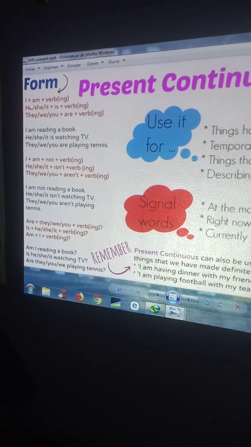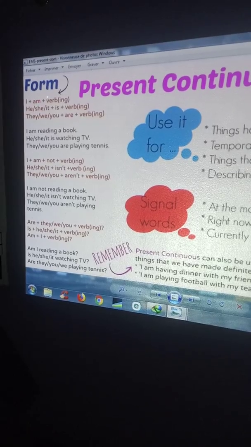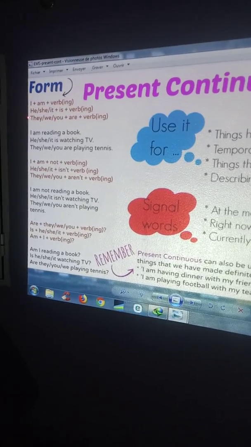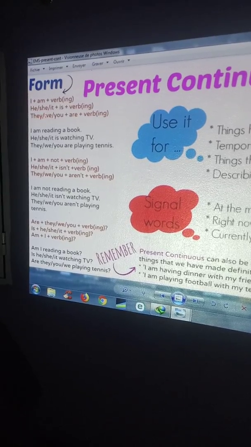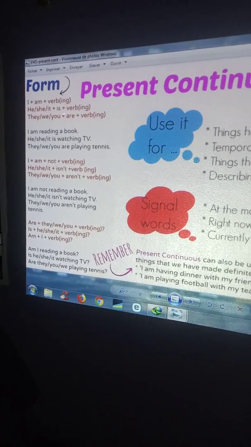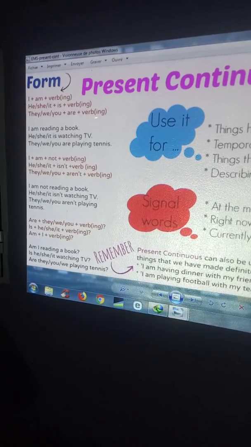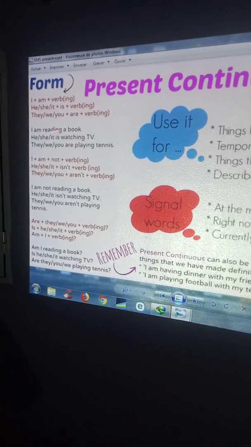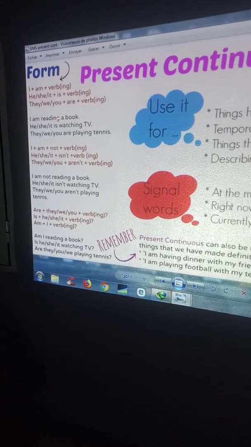And for the first personal pronoun, I plus verb to be plus verb plus ing. And for the plural personal pronouns, we have they, we, and you plus verb to be plus verb plus ing.